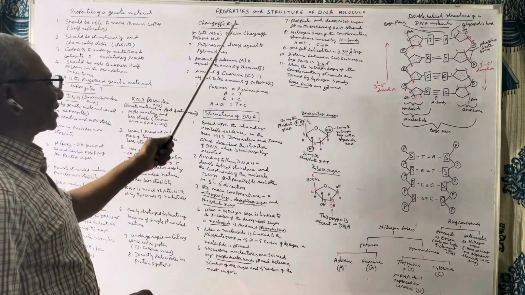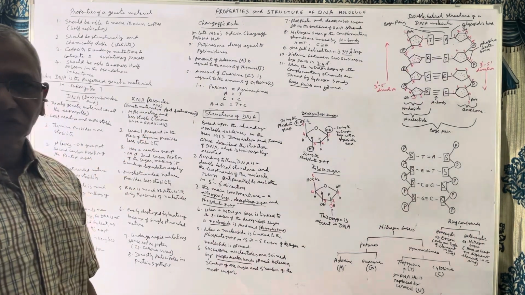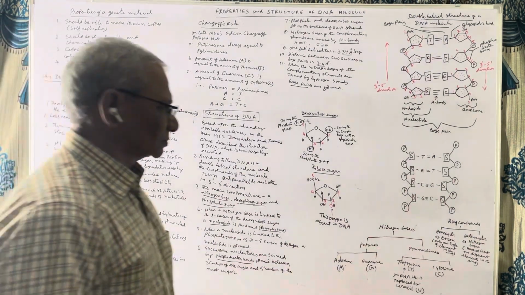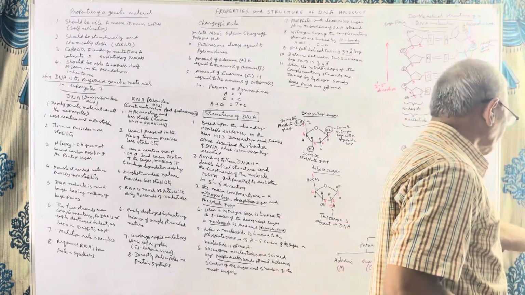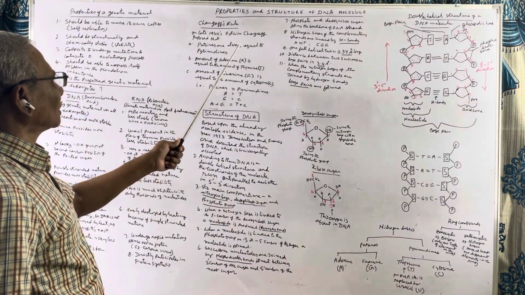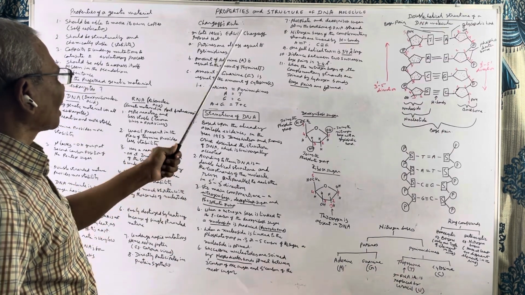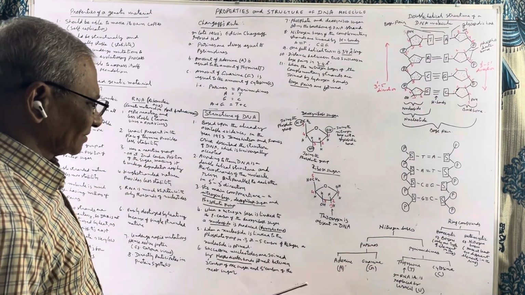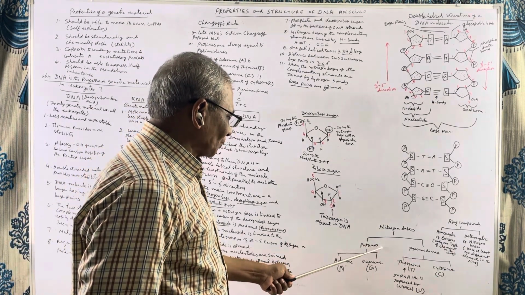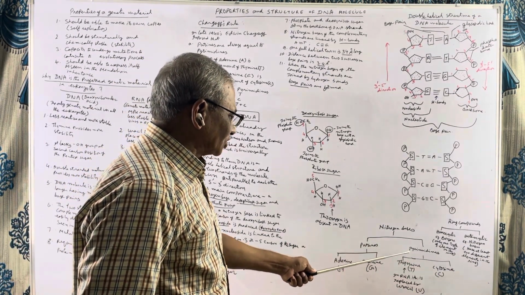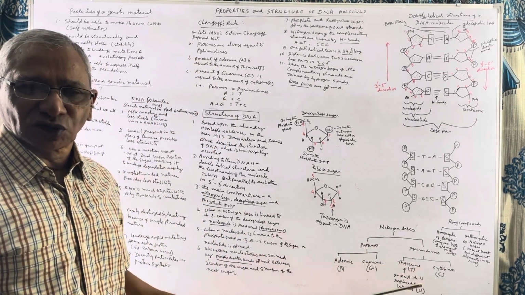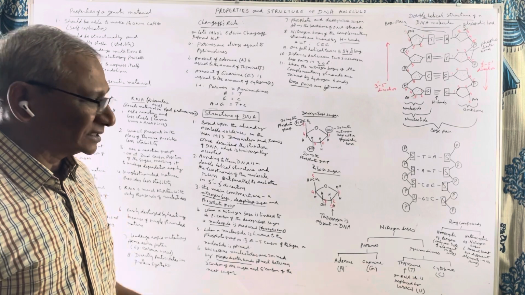In late 1940s, Edwin Chargaff made one very important rule. Chargaff's rule tells that in a DNA molecule, the amount of purines is always equal to the amount of pyrimidines. Purines are always equal to the pyrimidines.